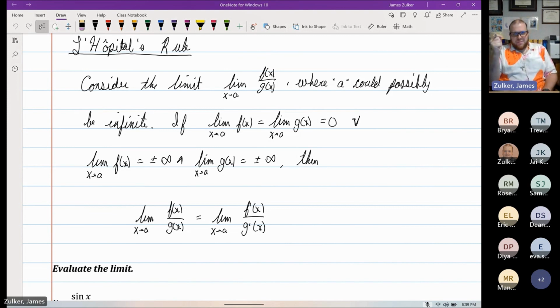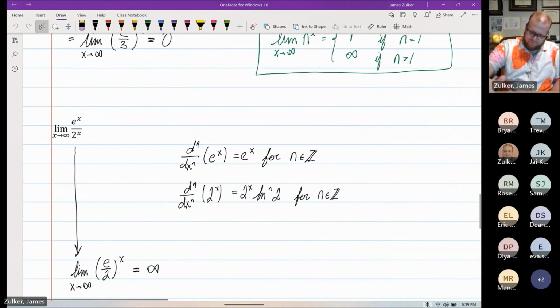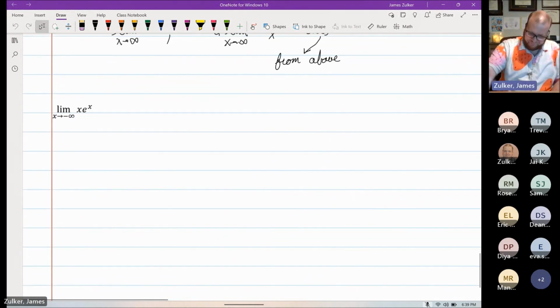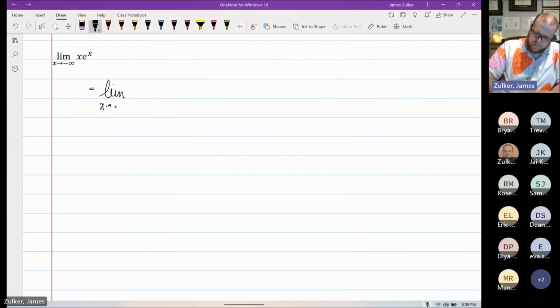And then both limits have to be either 0 or infinite. Well, can't we rewrite x times e to the x as x divided by e to the negative x?